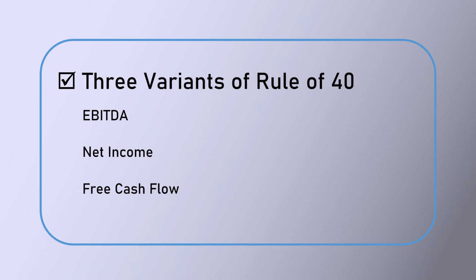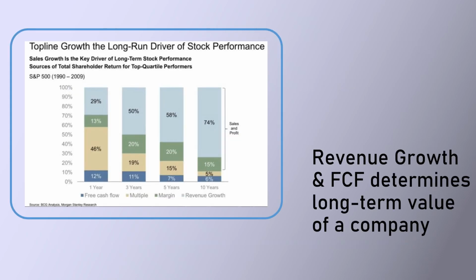It is a measure of a company's ability to generate cash from its operations and is often used by investors to assess a company's financial health and sustainability. The free cash flow Rule of 40 takes into account a company's ability to generate cash from its operations while also maintaining its growth trajectory. This metric is particularly useful for companies that are reinvesting heavily in their operations to drive future growth.